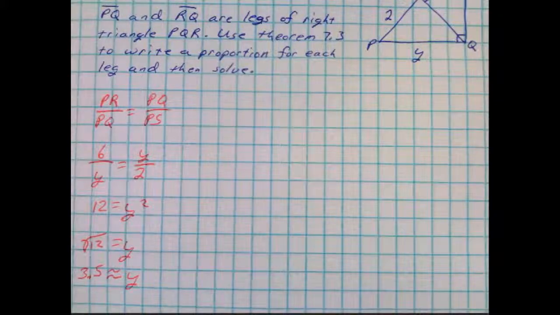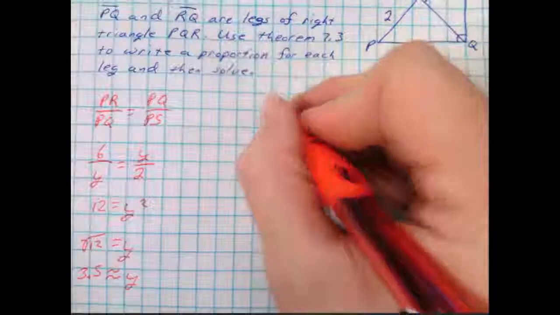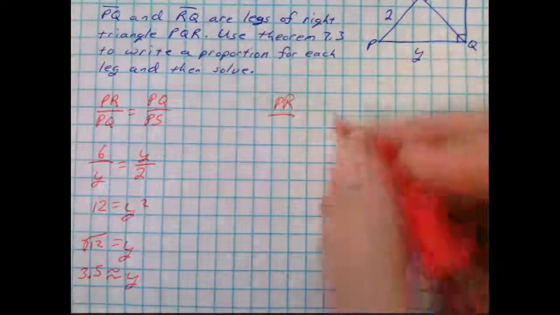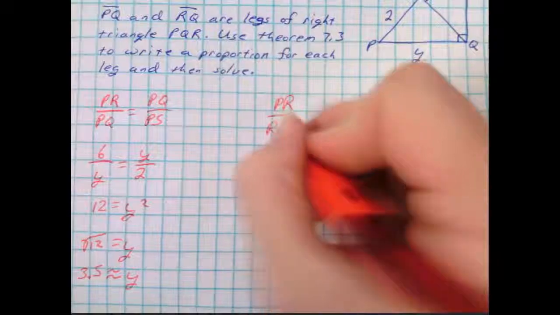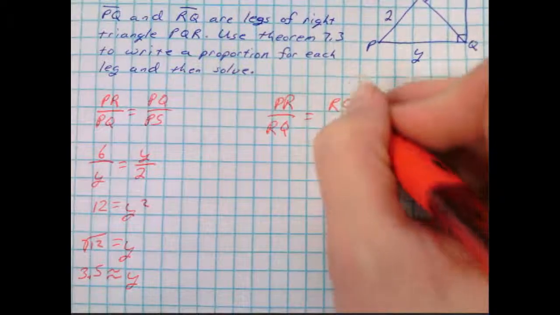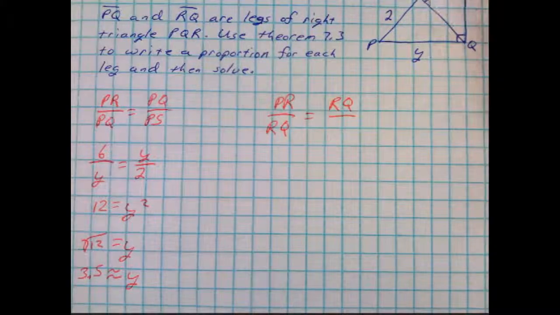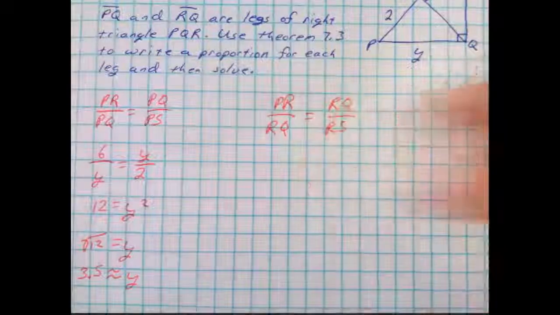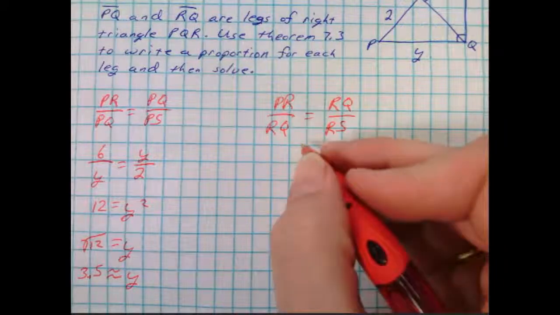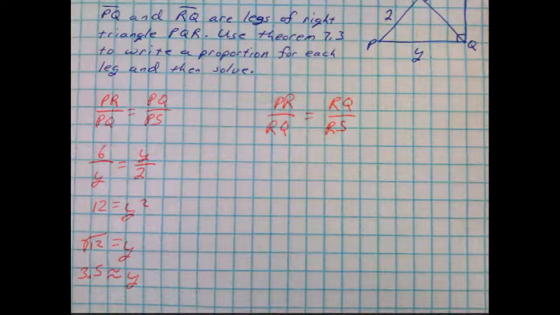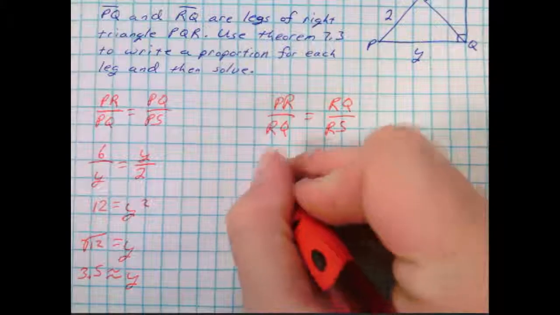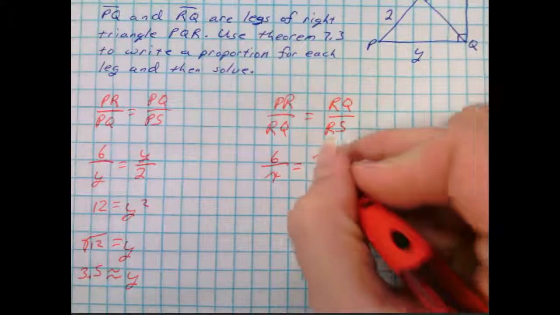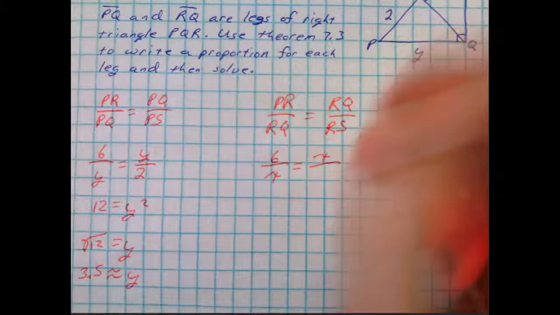So the other one, we're going to be doing the whole thing again. PR over, this time we're doing RQ. RQ equals RQ over the one adjacent, which is RS. Here PR is 6, so 6 over x equals x over our s, which is 4.